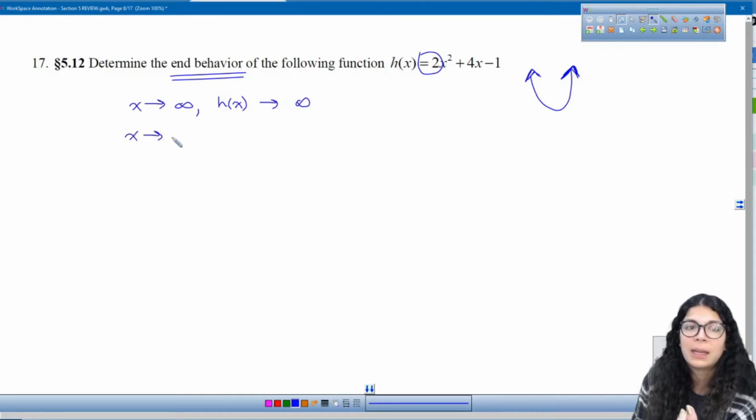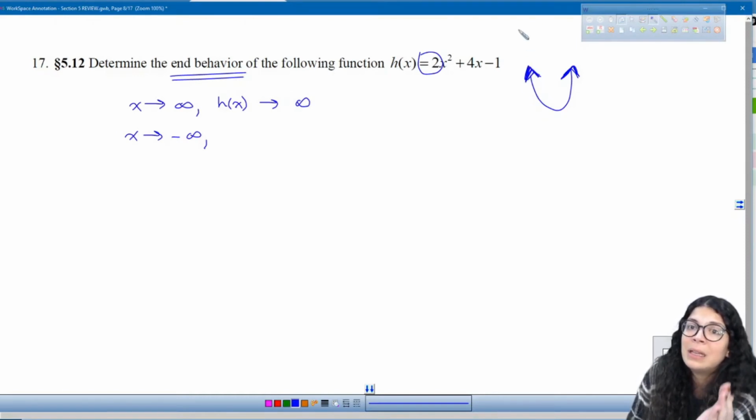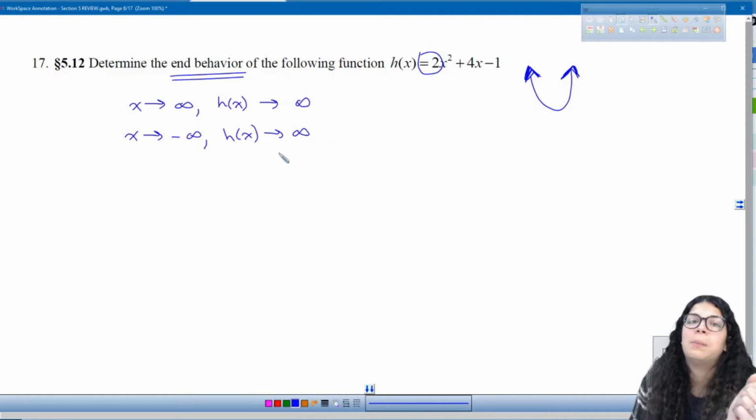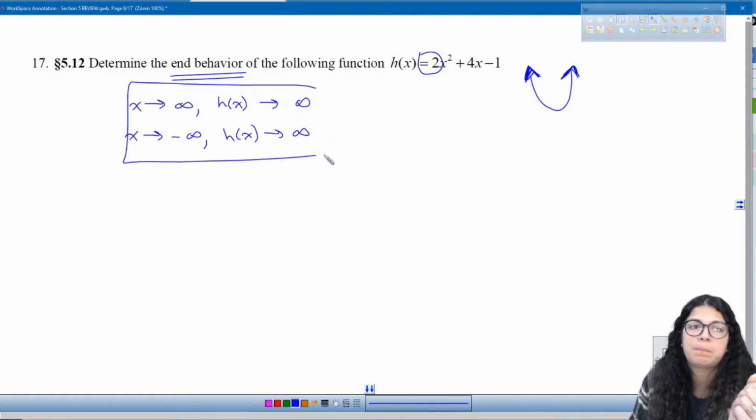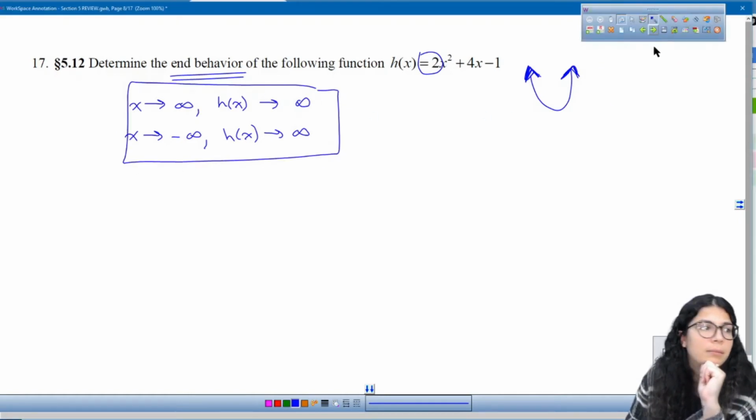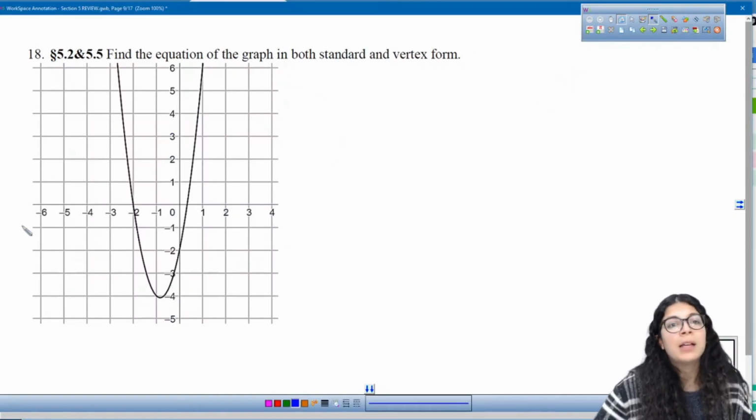On the left side of the parabola, as x gets more and more negative, the y value is also going up to positive infinity. Both ends are going up to positive infinity. Okay, that was easy. Moving on to number 18.